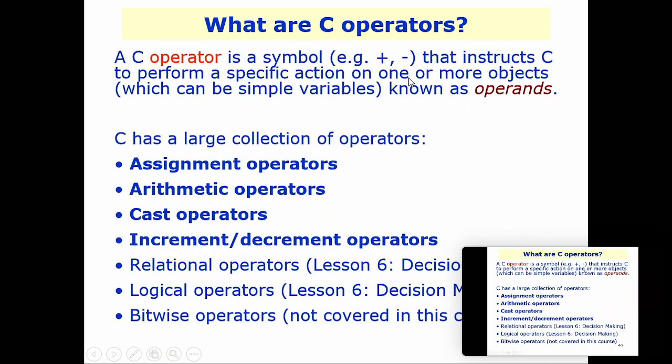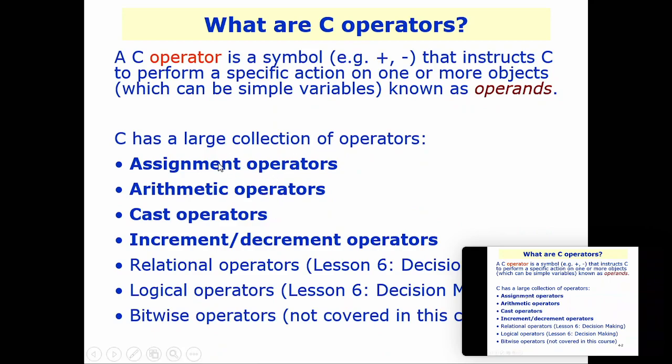So if you have plus sign, you're going to add 2 numbers, right? Then these 2 numbers are objects, also known as operands. And plus defines the action you're going to do, which is the addition. So there are many kinds of operators.